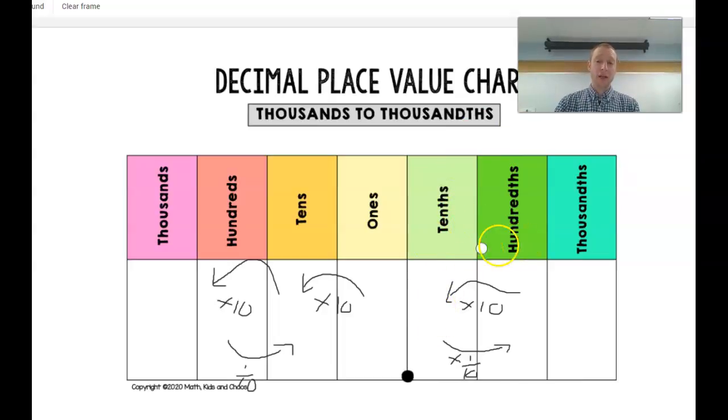And on the other hand, if we go to the right from the tenths to the hundredths to the thousandths, we are getting 10 times smaller, or the hundredths are 1/10 of the tenths, the thousandths are 1/10 of the hundredths. So getting smaller. Now this is confusing because over here, the hundreds place is bigger than the tens place. But over here, the tenths is bigger than the hundredths. All right, and I'll explain this in a minute.